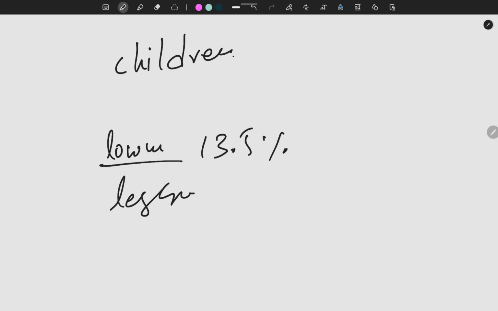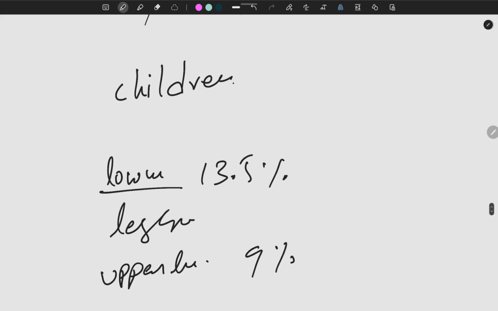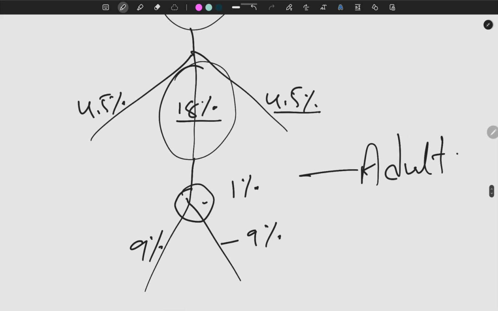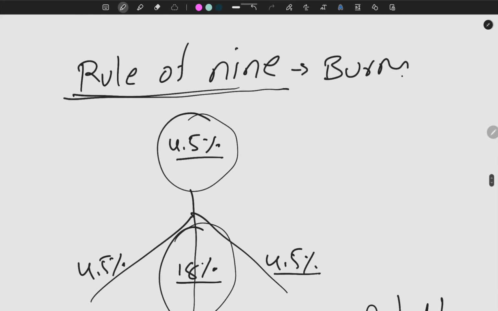Okay, and upper limbs are 9%, but in the case of adults we have 4.5%, and lower limbs are 9%. So in the case of a child we have lower limbs 13.5%, and upper limbs 9%. So this assessment is known as the rule of 9.